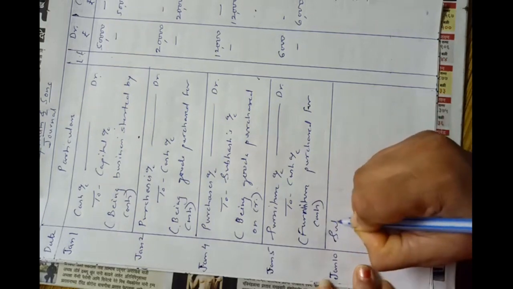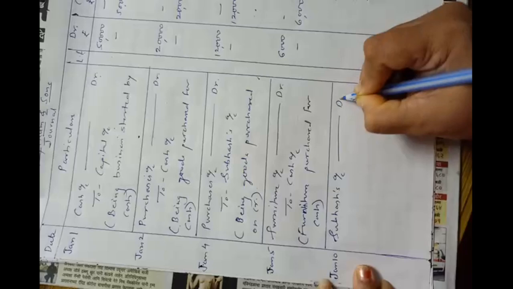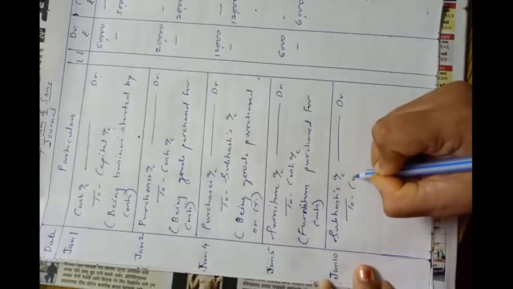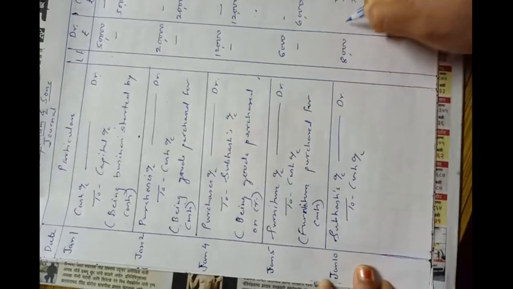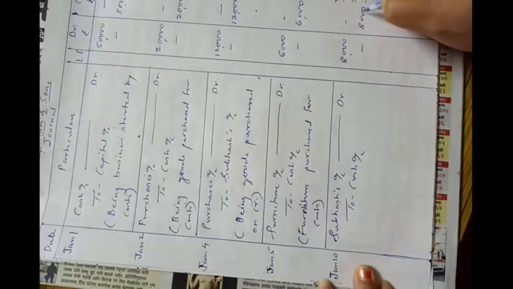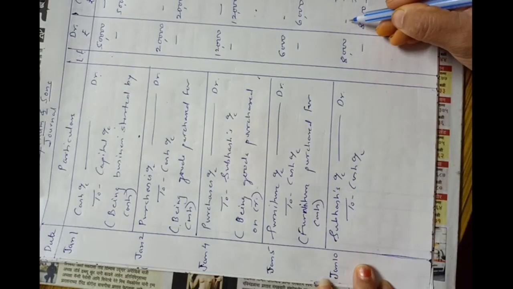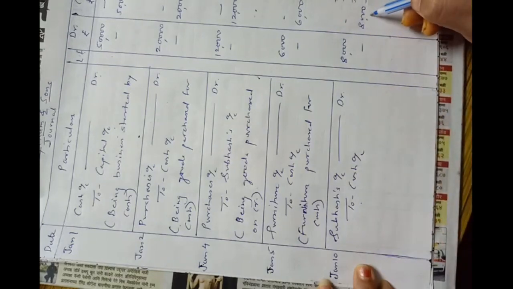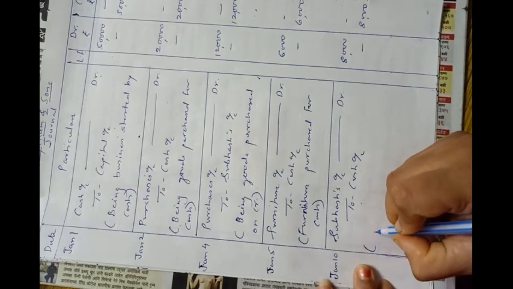So Subhash account debit to cash account. Amount is rupees 8,000. So Subhash account will be debited by rupees 8,000 in debit column. Cash account will be credited by rupees 8,000 in credit column, and the narration is cash paid to Subhash.